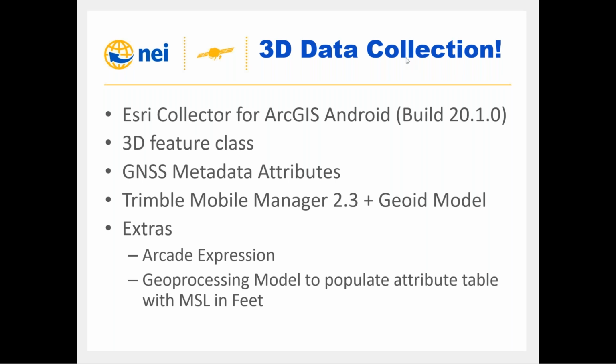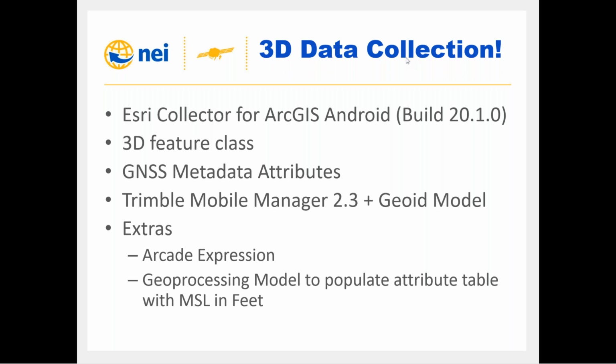In order to do 3D data collection with this new version of Collector, here are a few things you need to have set up. The first thing is to make sure you have the current version of Collector for ArcGIS Android loaded. This is build 20.1.0. The next thing we need is a 3D enabled feature class. Along with that, we'll need to add the GNSS metadata attributes.